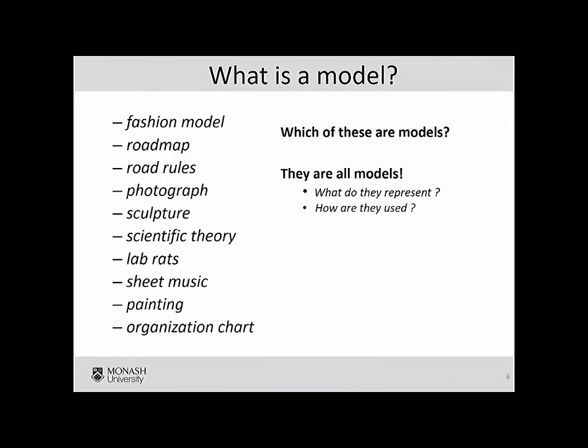A photograph you can think of as modelling reality, right? And similarly, a sculpture could be modelling reality, although sometimes that doesn't make any sense. Sometimes a photograph is not modelling any reality, and a sculpture is not modelling anything real. A scientific theory is clearly a model, right?